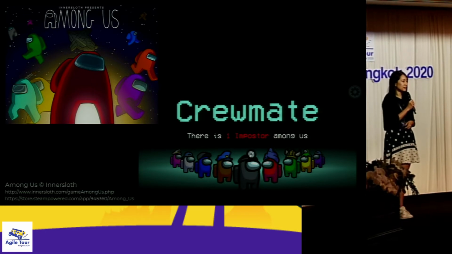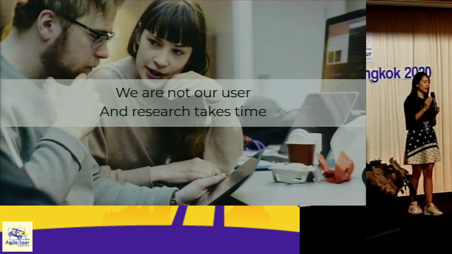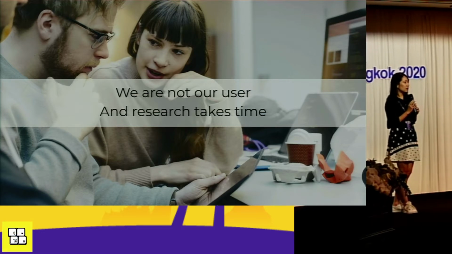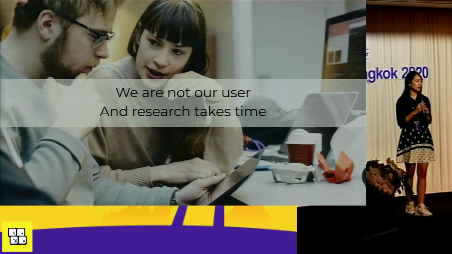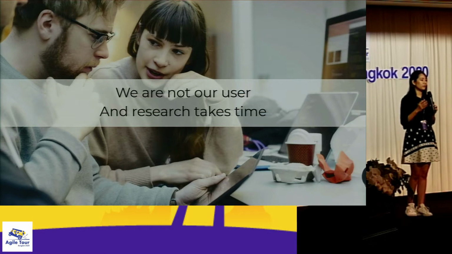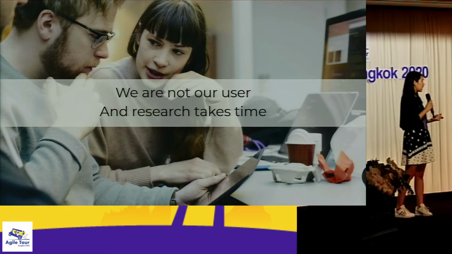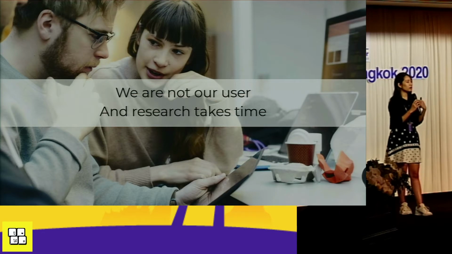And how can we slow them down? The first rule of thumb of a UX person is that we are not our user. So every time our team comes up with an idea, enhancement, or new feature, for us it's only a hypothesis, and we need to validate that before we actually start the work. So going back to our user and doing some research sometimes takes time, especially for us at ExxonMobil, because we are a global company.